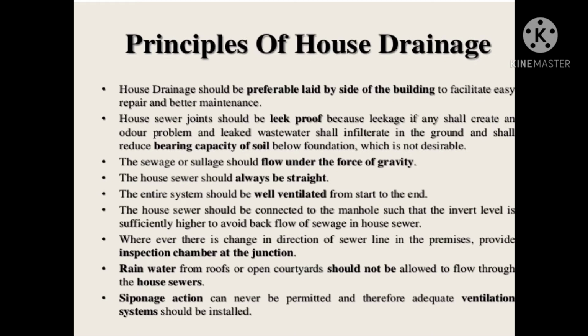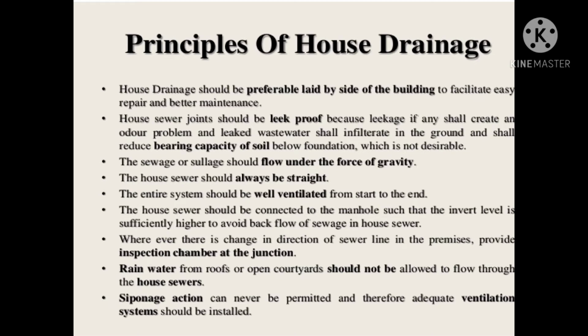The house sewer should be connected to the manhole such that the invert level is sufficiently higher to avoid backflow of sewage into the house sewer. Wherever there is a change in direction of the sewer line in the premises, provide an inspection chamber at the junction.